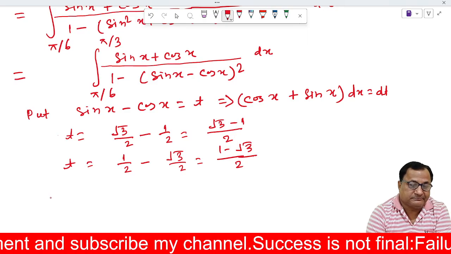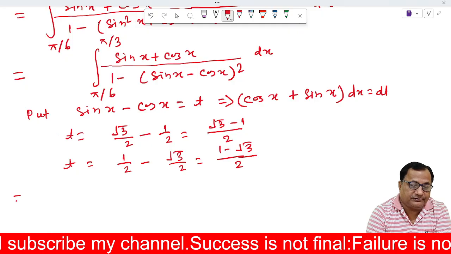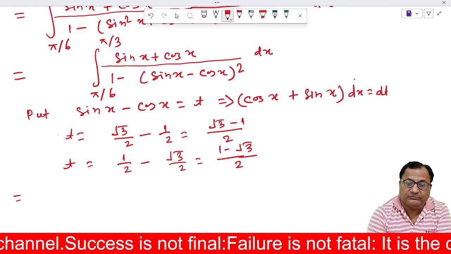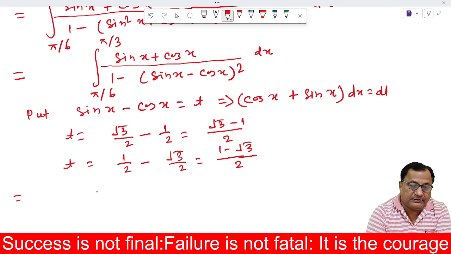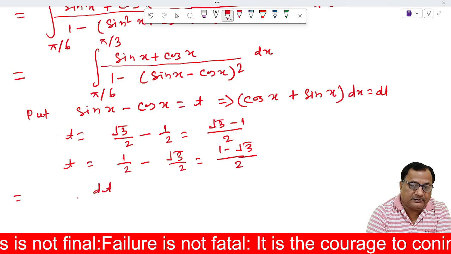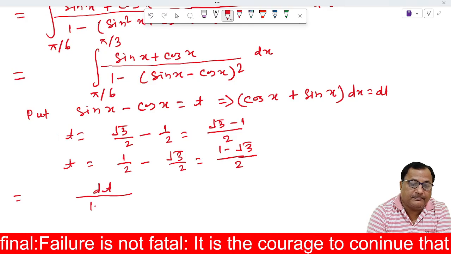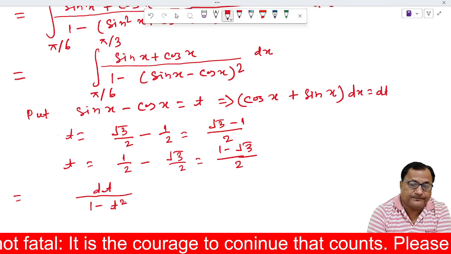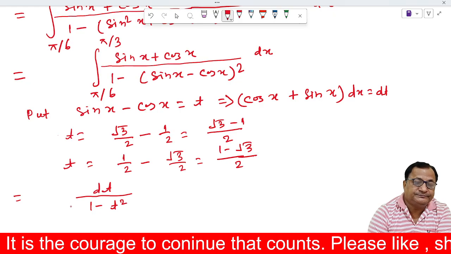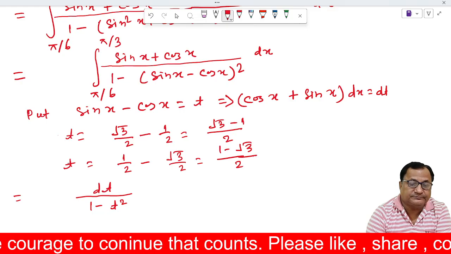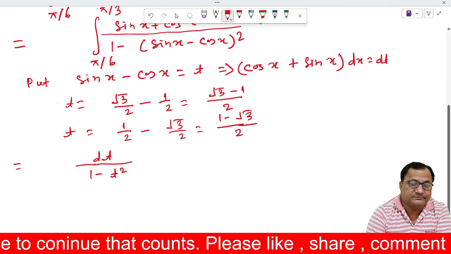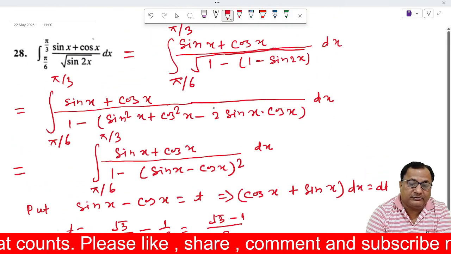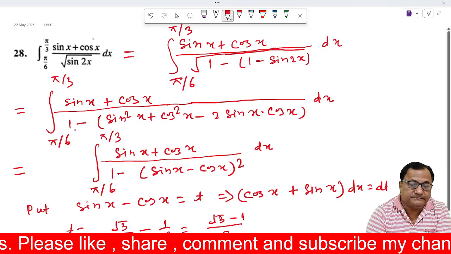Now we'll put here sin x plus cos x dx is equal to dt. So we'll write dt, and 1 minus, sin x cos x we have supposed t, so t square, root we have left, root will be also here.